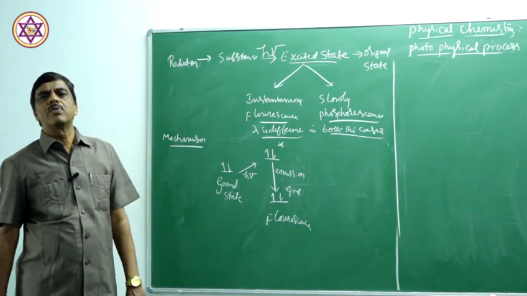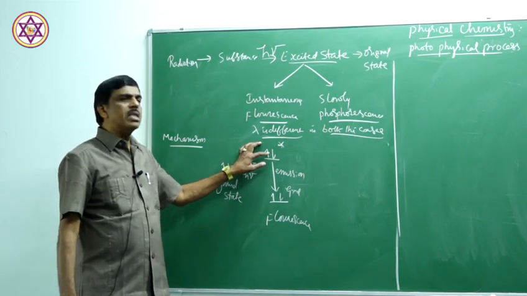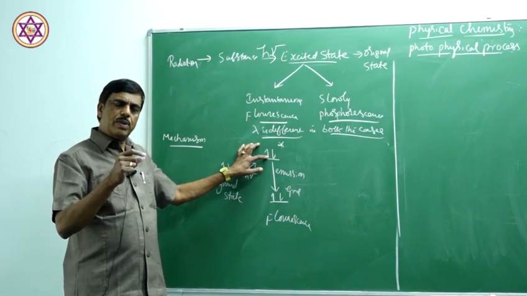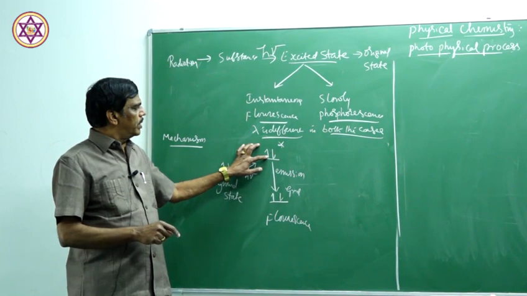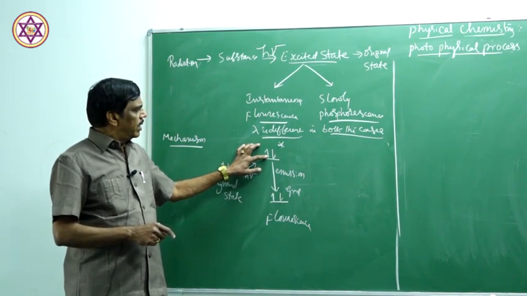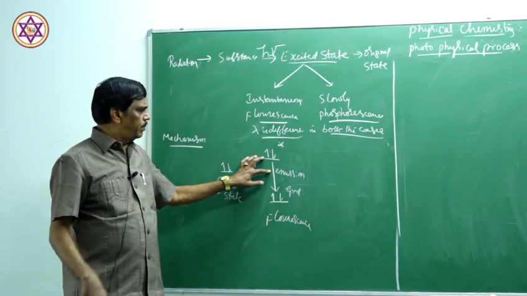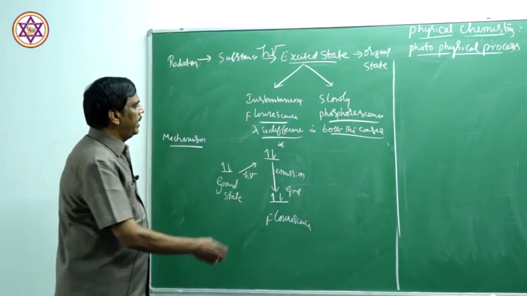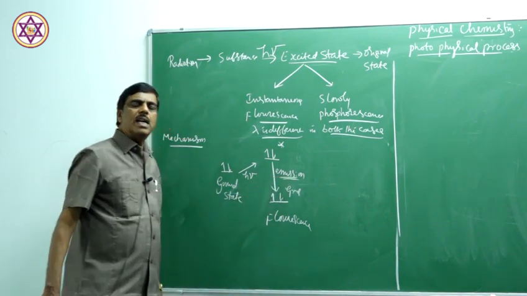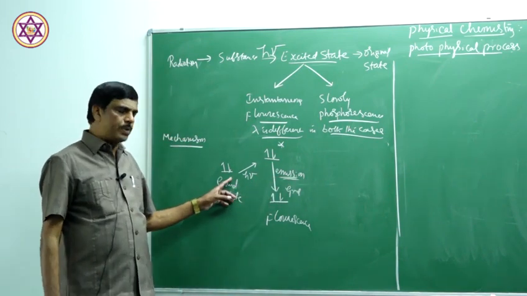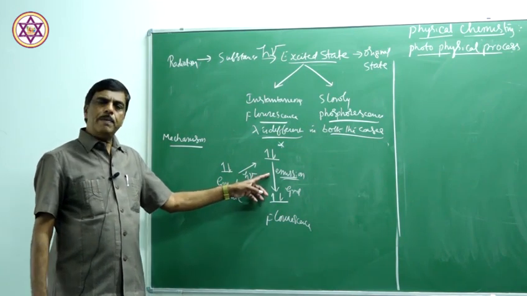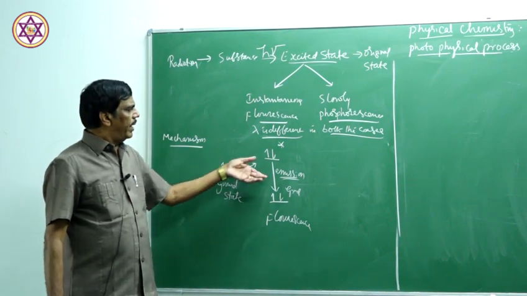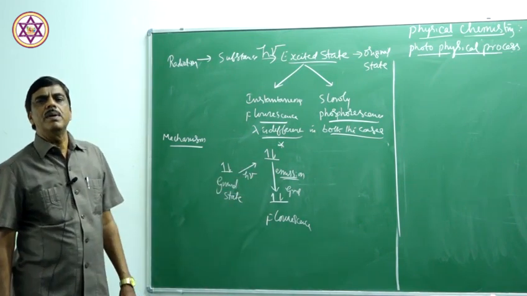There is no change in the spin of the electron. Two opposite spinning electrons are there, and both of them undergo excitation. They remain in opposite spin even in the excited state, and they emit the absorbed radiation instantaneously and come back to the original position. This emitted light has a wavelength different from that of the absorbed light, and that's why it has a different color. Anyway, it is instantaneous, and this is the mechanism of fluorescence.